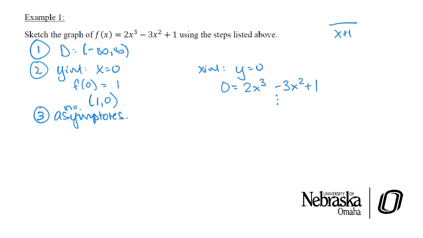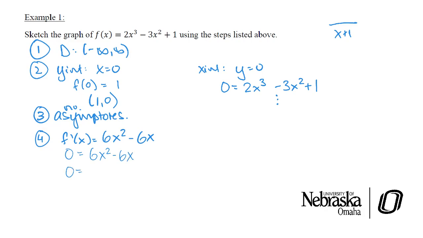Okay, so step 4 says to find the derivative and locate critical points, relative extrema, and determine where the function is increasing and decreasing. Okay, so the first derivative would be 6x squared minus 6x. So we want to set this equal to 0.